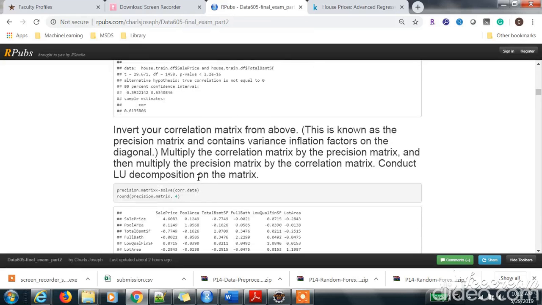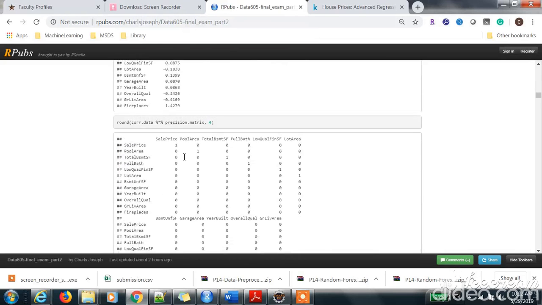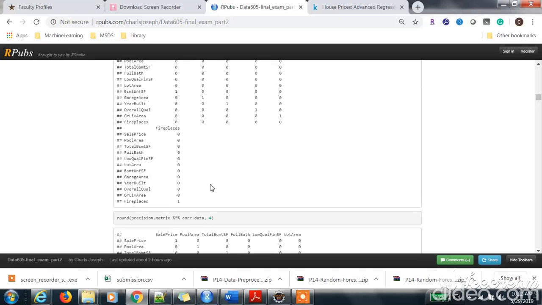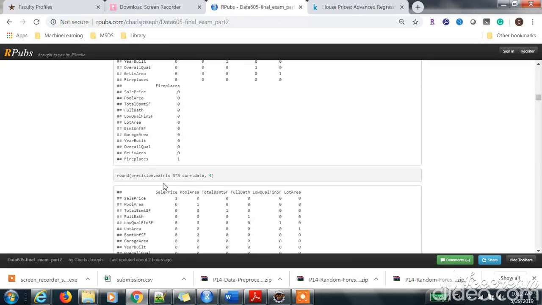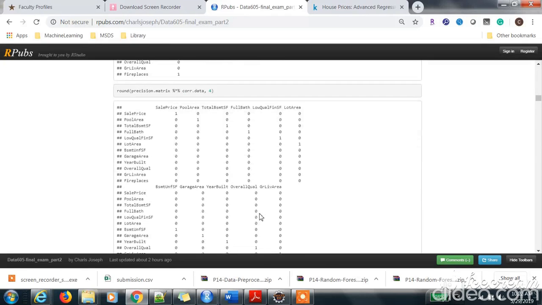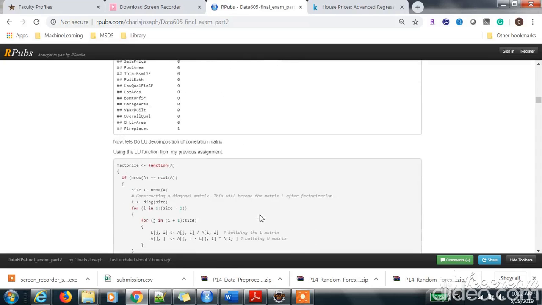The next thing is I inverted the correlation matrix, and you get a precision matrix, and if I multiply the correlation matrix by the precision matrix, you will get an identity matrix. If you flip it, you will again get the same identity matrix.